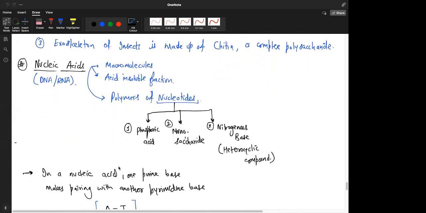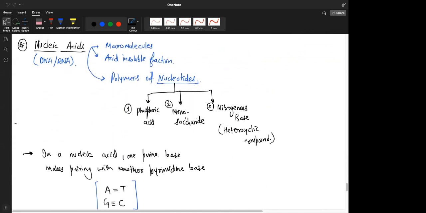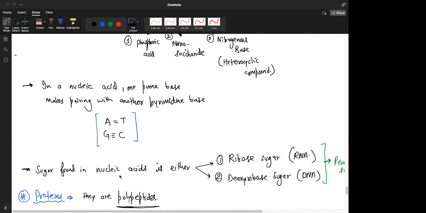Nucleic acid together with protein and polysaccharide forms the true macromolecules of a living tissue or cell. In a nucleic acid, one purine base pairs with a pyrimidine base. The sugar in nucleic acid is either ribose or deoxyribose. Ribose sugar is found in RNA, and deoxyribose sugar is found in DNA.